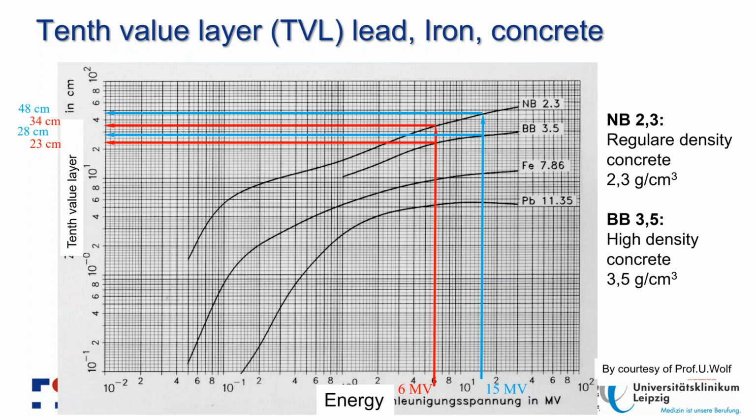So at the end, you have a much higher shielding, and at the end you have to spend a lot of money for the building to have a proper shielding for a 15 MV machine than for a 6 MV machine.